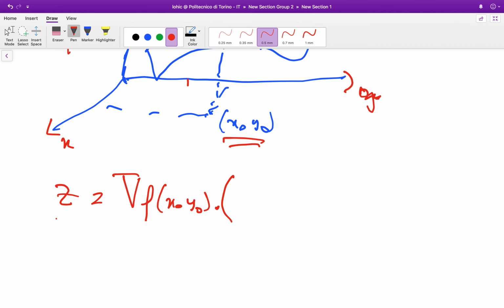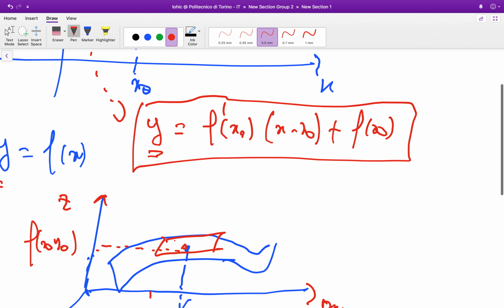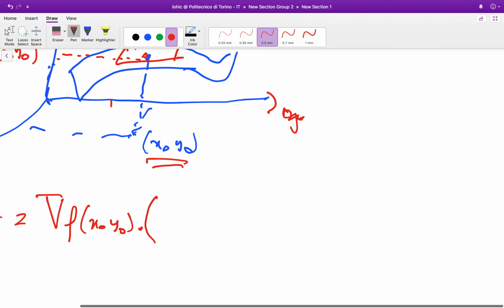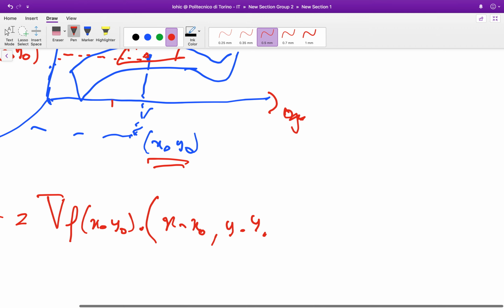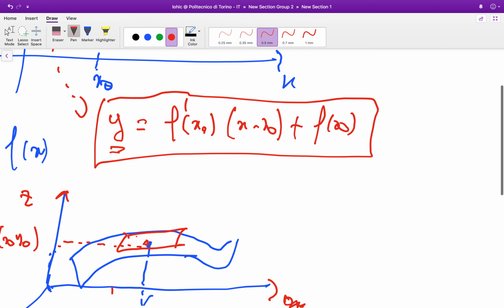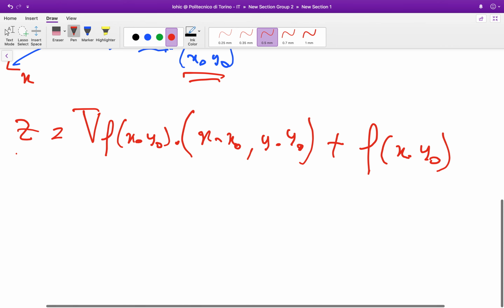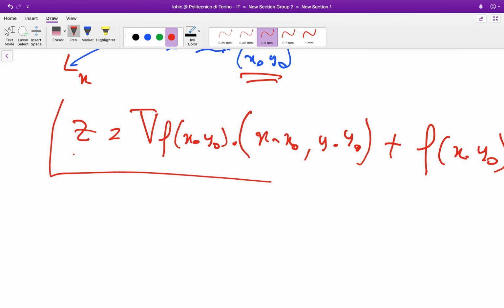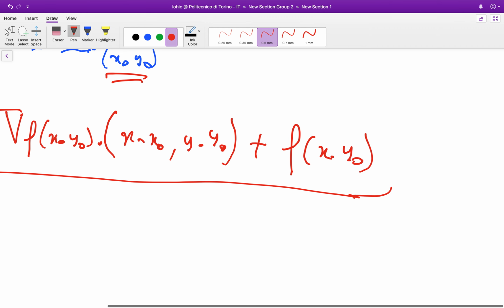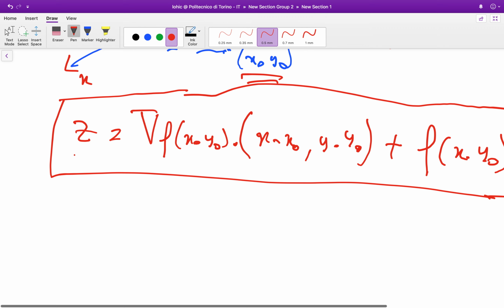The dot product. So we take the gradient, the derivative, multiplied by x minus x0 and y minus y0, then we add the function at x0, y0. This is the equation of the tangent plane, very similar to before. Is it clear?